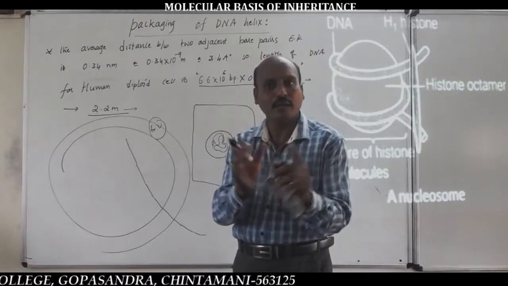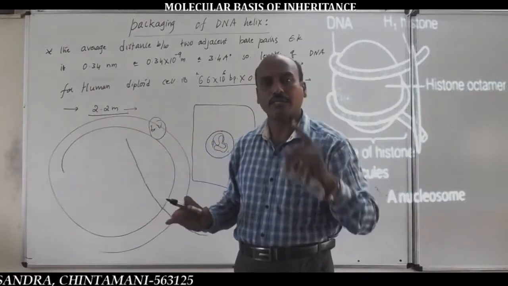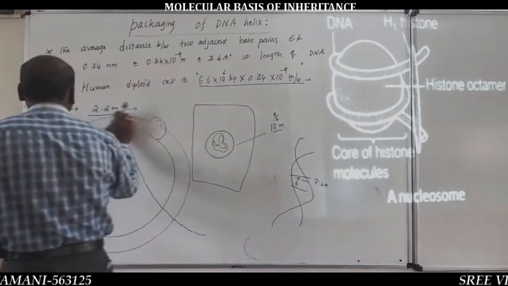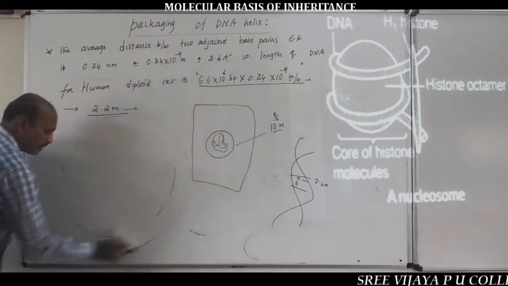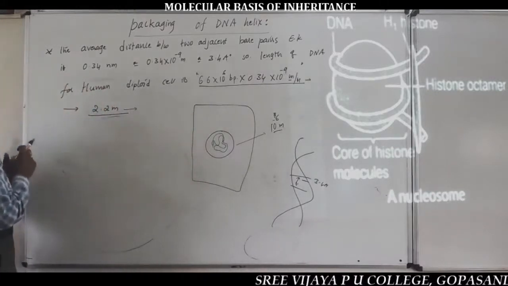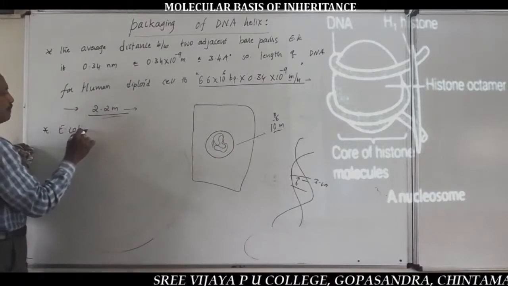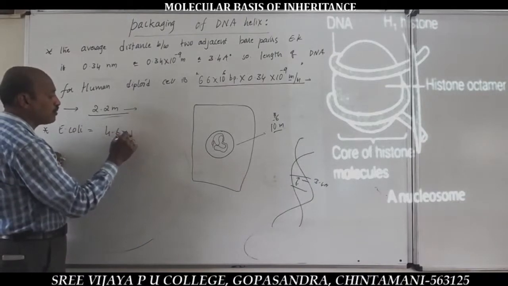So you should remember the length of the DNA is more than the dimension of the nucleus in eukaryotic cells. Whereas in prokaryotic cells, like in E. coli, Escherichia coli bacteria, the number of base pairs is 4.6 into 10 to the power of 6.